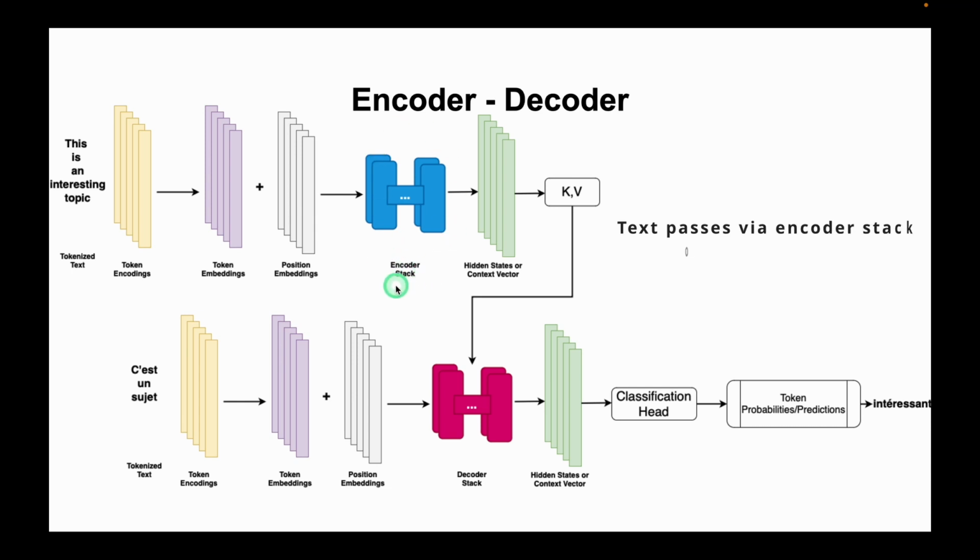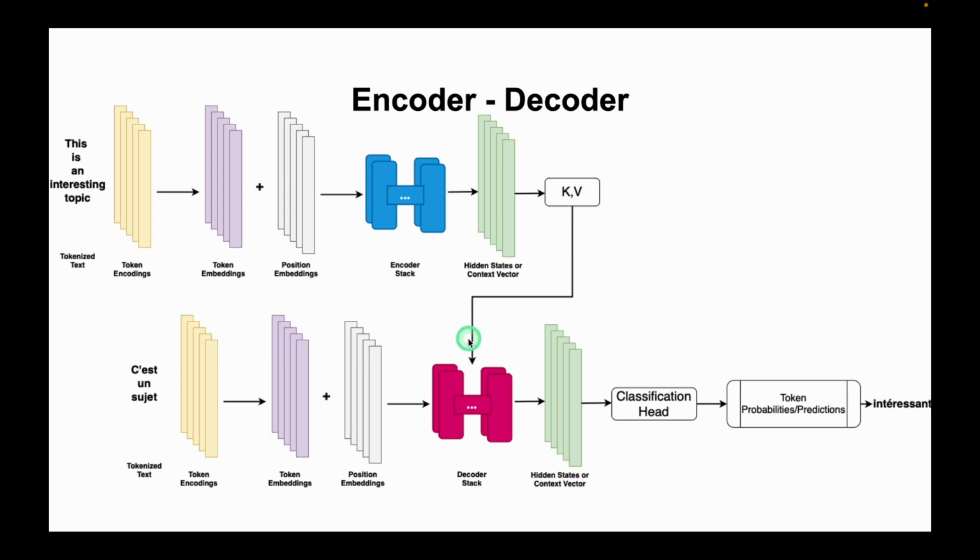For now, we can view these layers or stack as similar to stacking convolutional layers in computer vision or in CNN. This concept applies for the decoder stack as well. The encoder outputs something called the hidden state or context vector. The output of the encoder is then passed to the decoder layer.